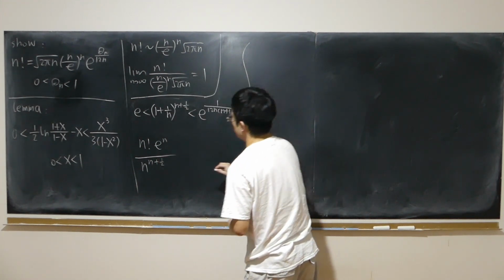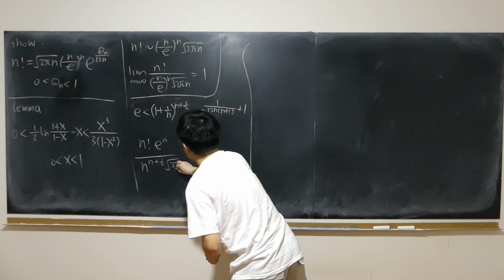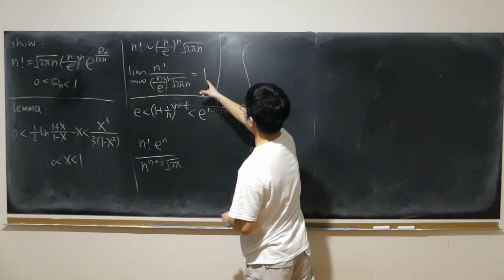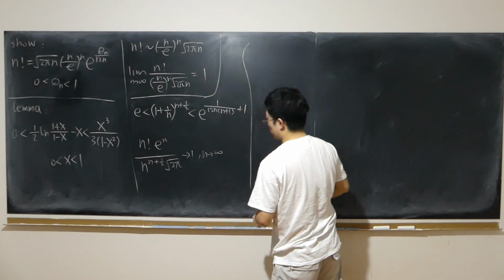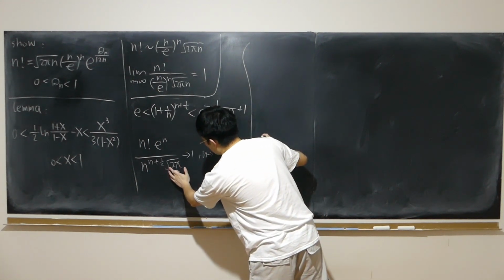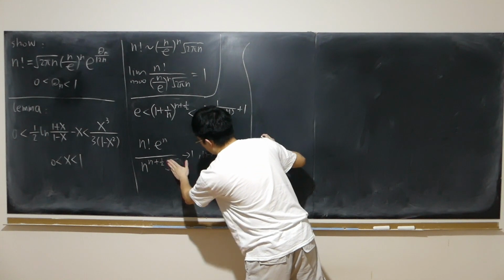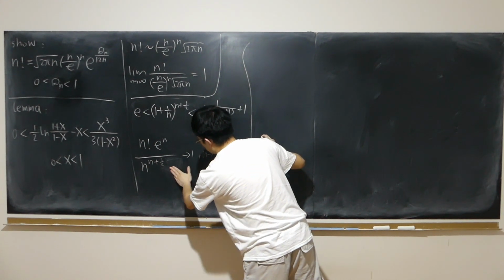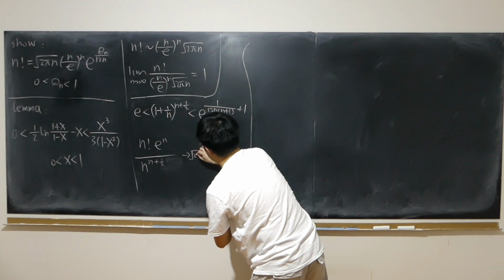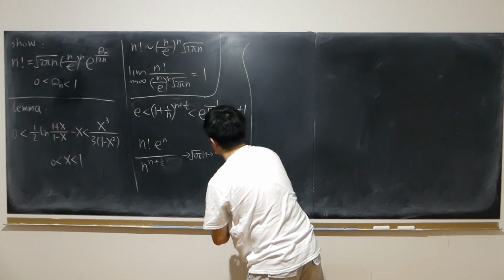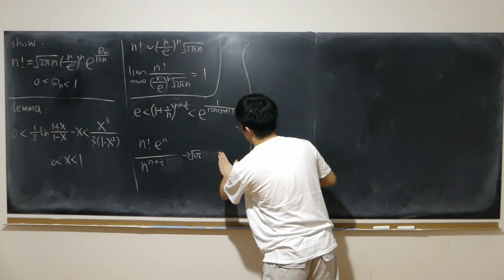So I still have square root of 2 pi. So that means the whole thing is approaching 1 as n approaches infinity. Which means if I multiply by square root of 2 pi, then the whole thing is approaching square root of 2 pi as n approaches infinity.